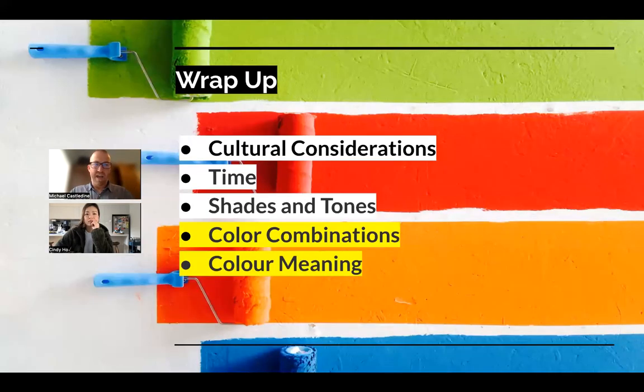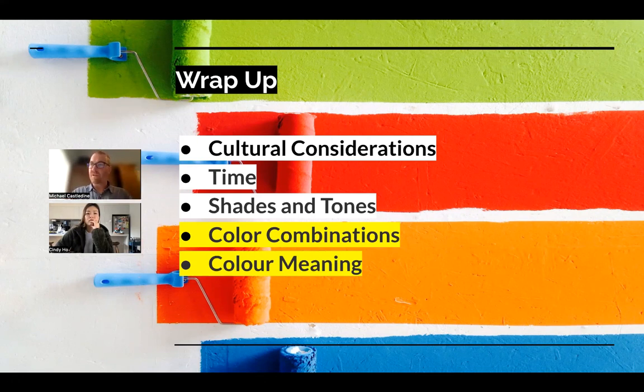So just to recap some of the points I was going through: the consideration of cultural elements and time, and the understanding that adding gray, black, or white to the tints, tones, and shades affects the color and the mood associated with it.